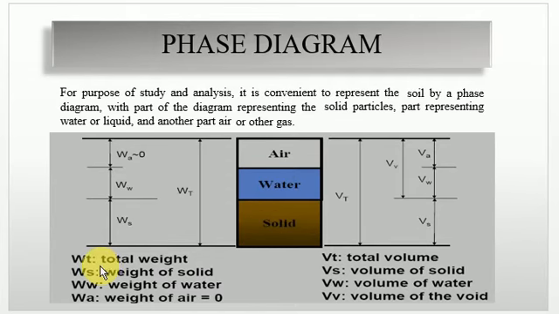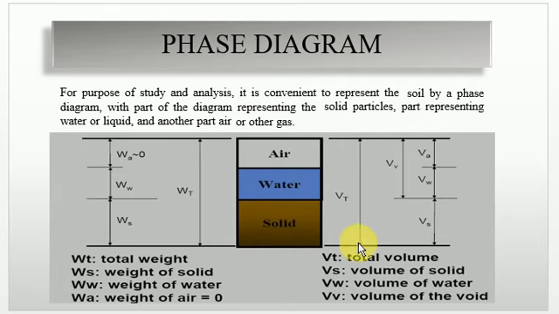Similarly here, Wt is the total weight, Ws is weight of solids, Ww is considered as weight of water, and Wa is considered as weight of air, which is equal to 0. In a similar manner, Vt is considered as total volume.